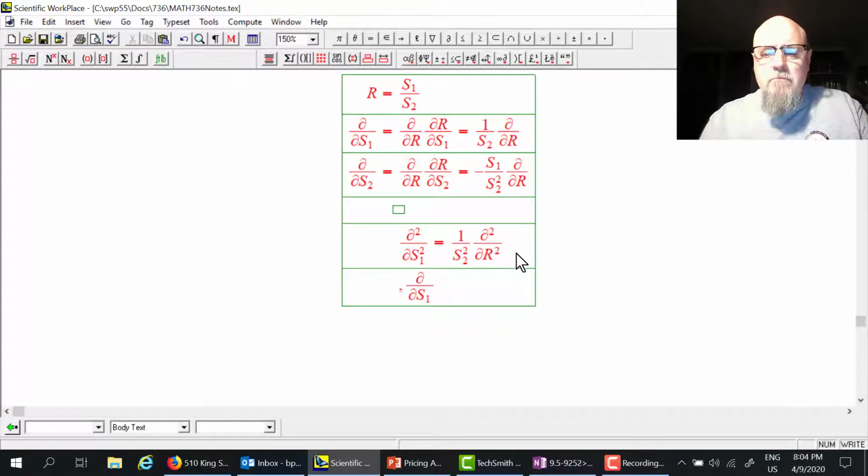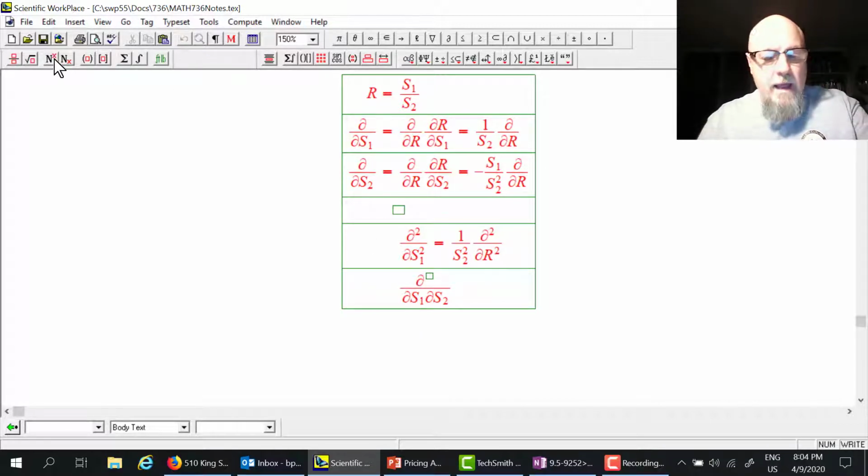Let's get S1 and then S2. So that's going to be when we differentiate with respect to S1 and then S2. Doesn't matter the order because of Clairaut's theorem.